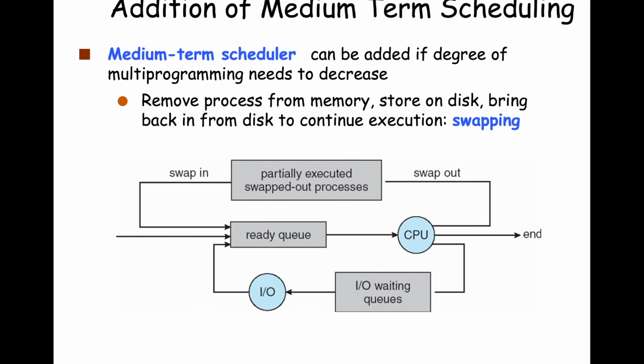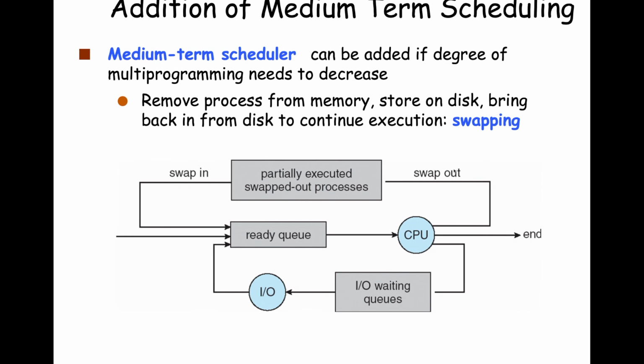So you start out with a process in the ready queue. Here we have a process arriving in the system in the ready queue. It's scheduled for execution on the CPU. Let's say it's waiting, so it joins the device queue, waiting for I/O. The I/O completes and it goes back to the ready queue. It can also, when it's on the CPU, if the degree of multiprogramming is too high, get swapped out.